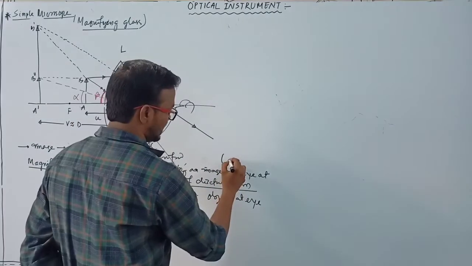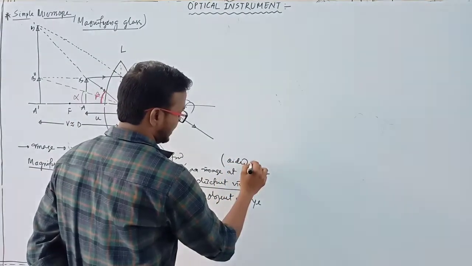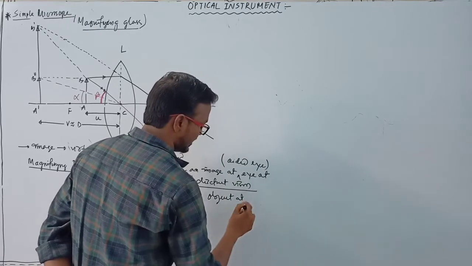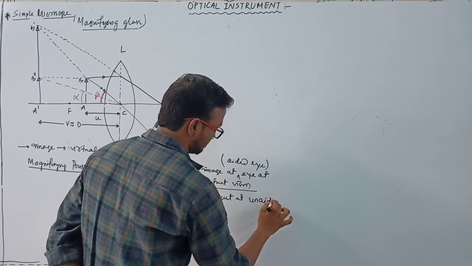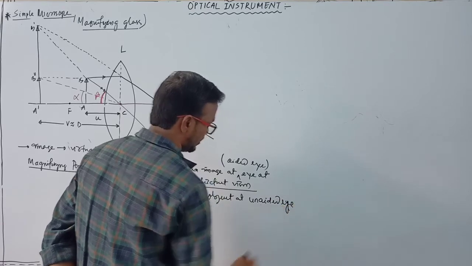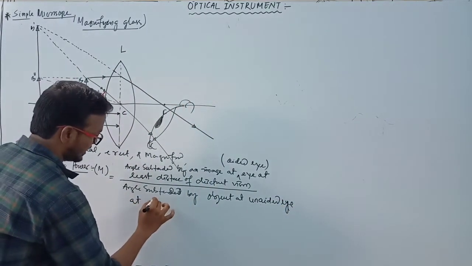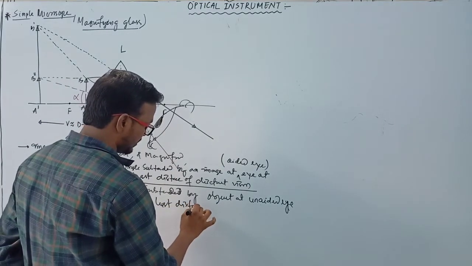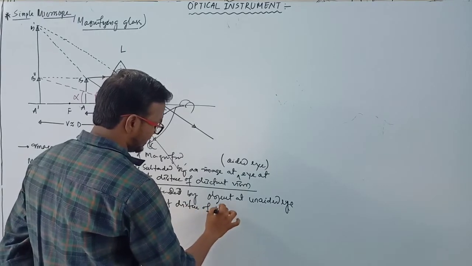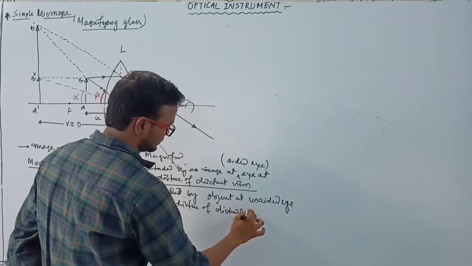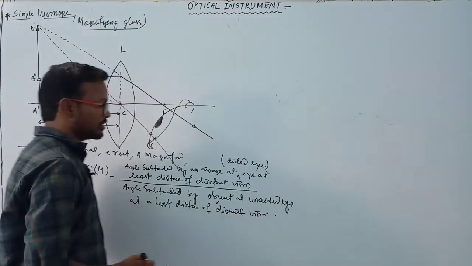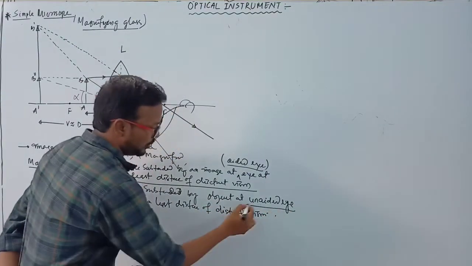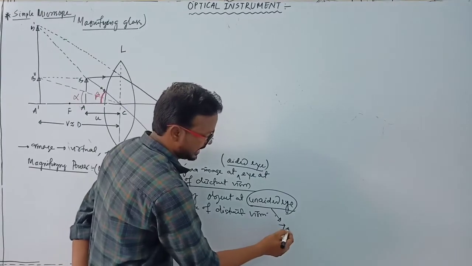This eyepiece is known as the aided eye. So what is the meaning of aided eye? And there is another term, unaided eye. Unaided eye means the naked eye.